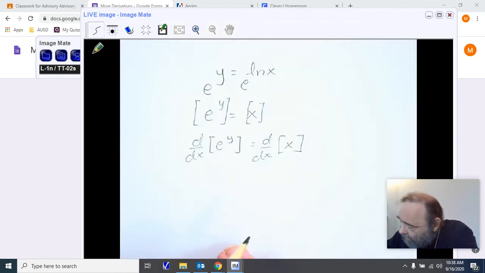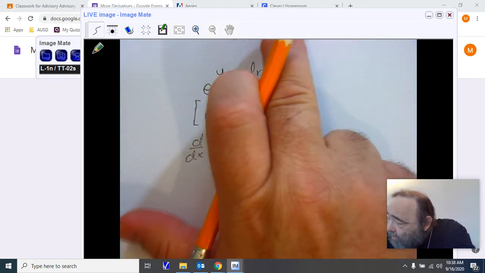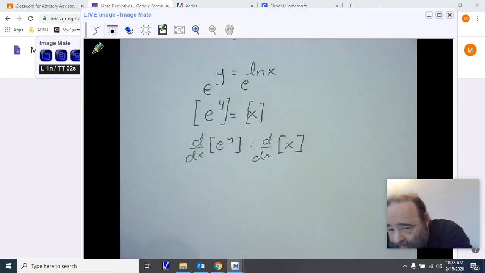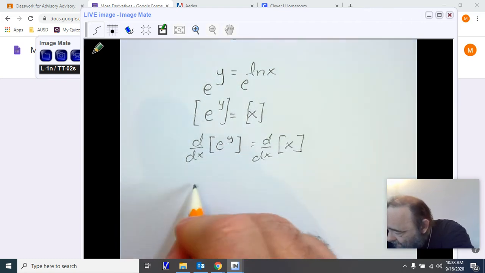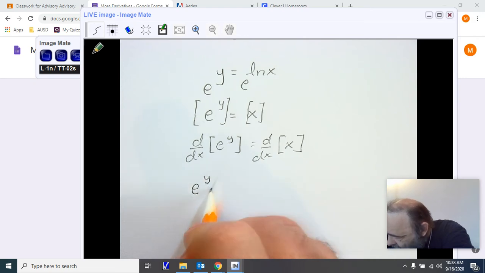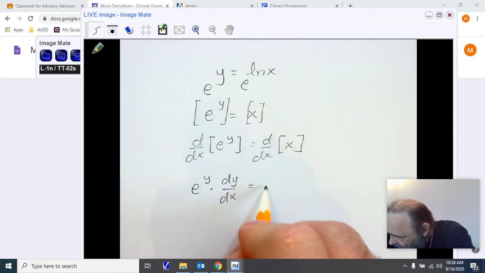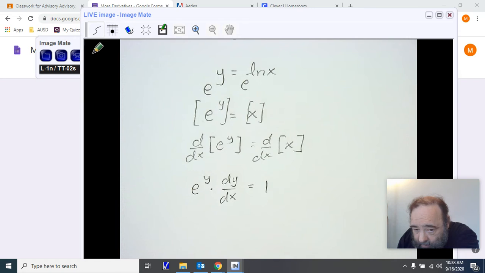So our next step is to apply our chain rule. See, I have e to the x and there's a y there. So I'm going to get the derivative of e to the y times the derivative of the inside piece. And this will equal 1.